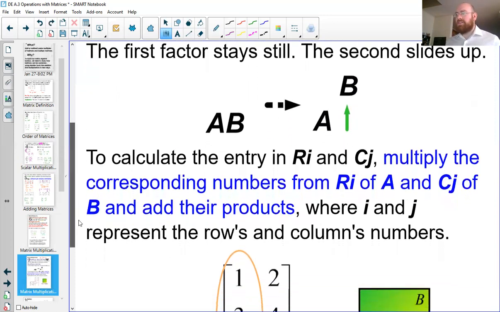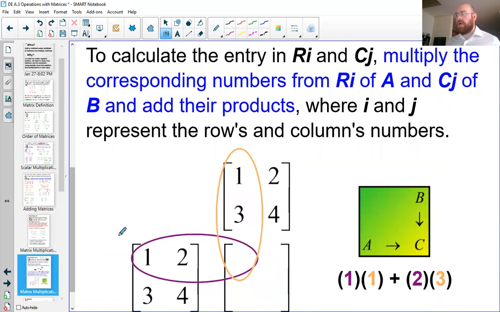So to calculate the entry in row I and column J, we multiply the corresponding numbers from the I row of A and the J column of B and add their products, where I and J represent the row and column numbers.